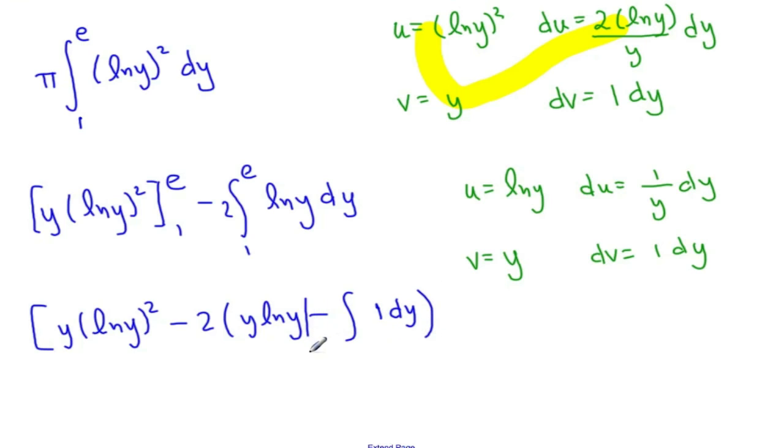Okay, so this is from 1 to e, this is from 1 to e, and this piece is from 1 to e. I'm not taking the integral now, I'll do it all at the same time later.